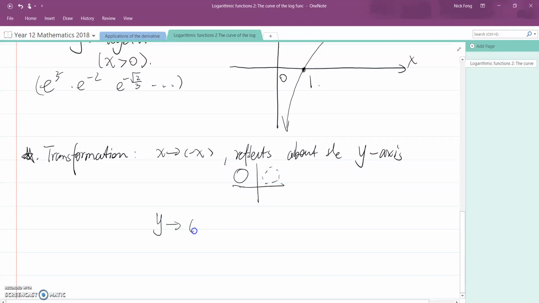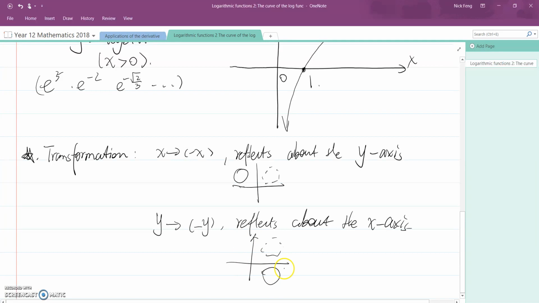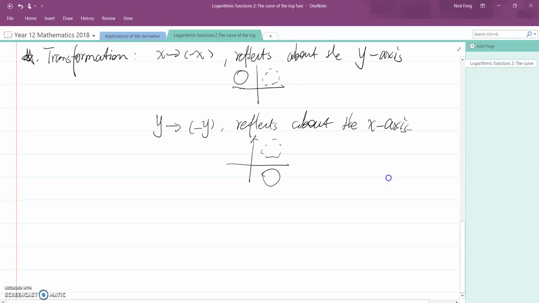On the other hand, if y is replaced by negative y, it reflects about the x-axis. It's a vertical flip.